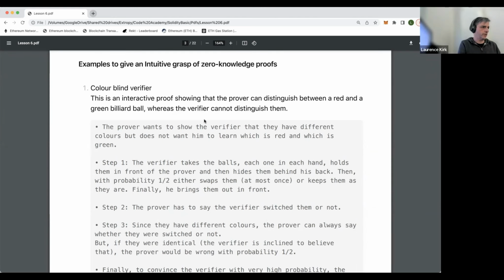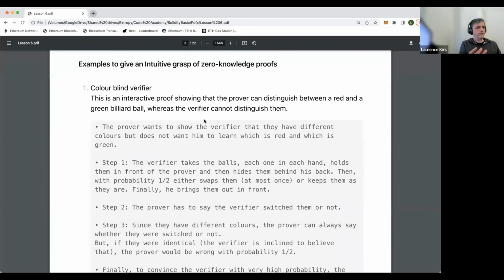So the first time this happens, we assume that the prover is going to be telling the truth. It's in their interest in this case for them to tell the truth. And so the verifier will show the balls to the prover, and the prover will be able to say correctly whether they've been swapped over or not.